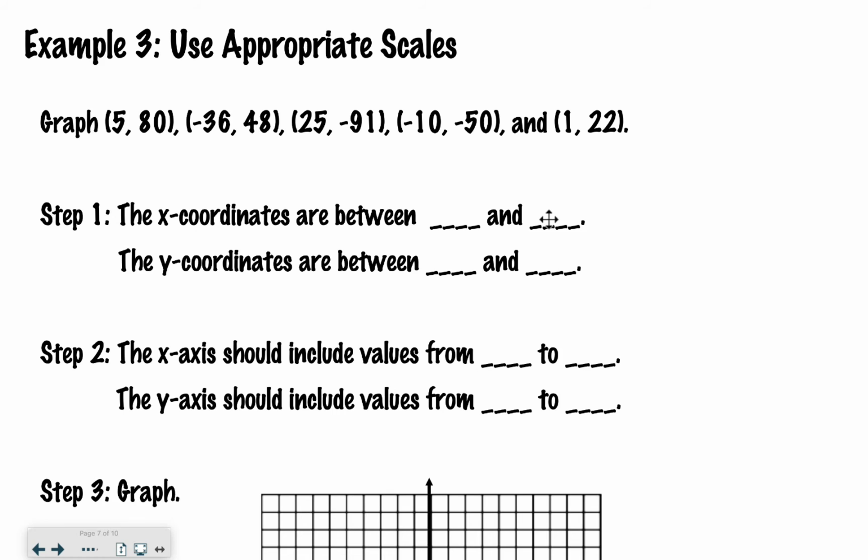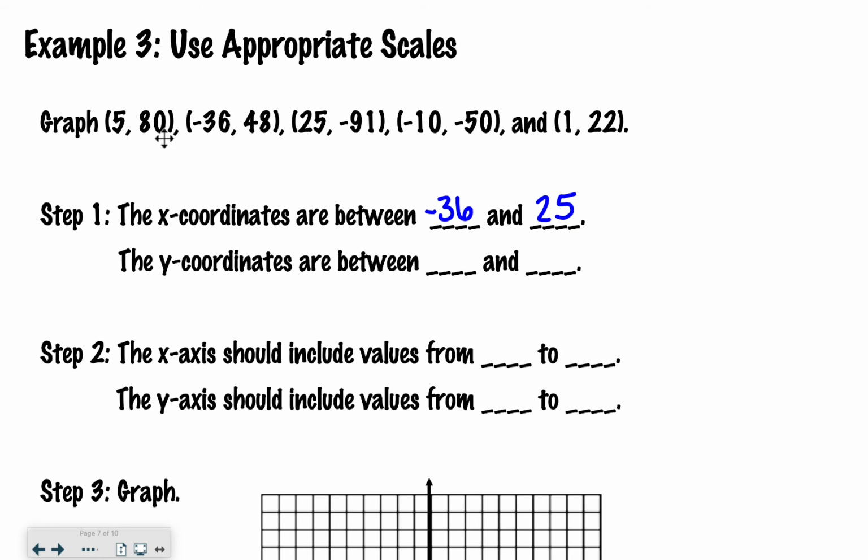So my smallest x value is negative 36, and my biggest x value is, I think, 25.